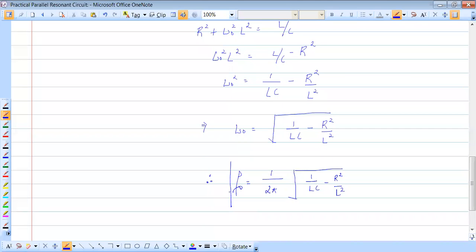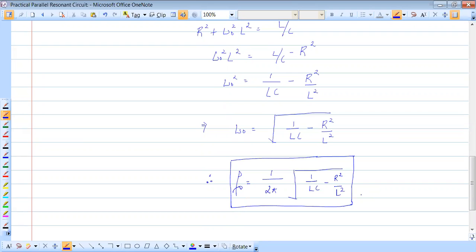So this is one equation, which would be the equation for the resonance for the practical parallel resonance circuit. This is called the condition for resonance. So obtain the condition for resonance means F naught is what you are obtaining. Everybody is okay with this?